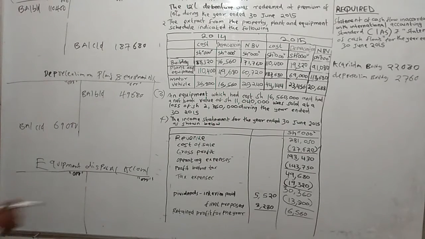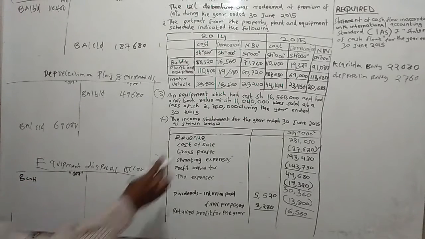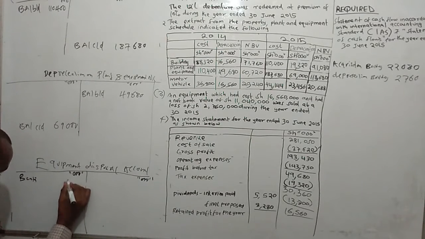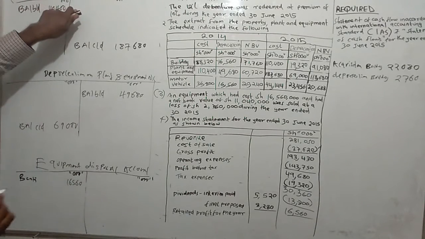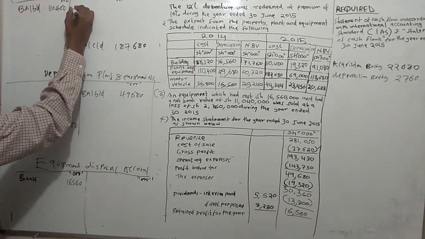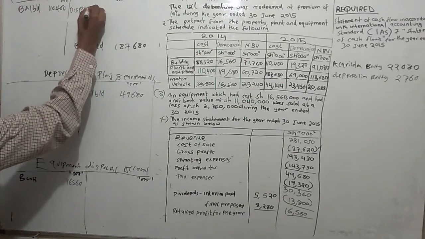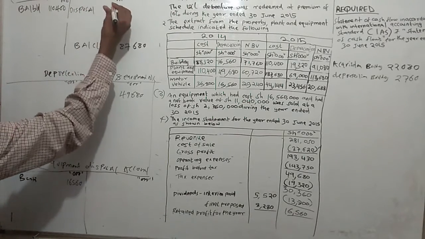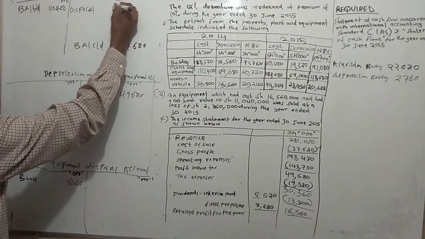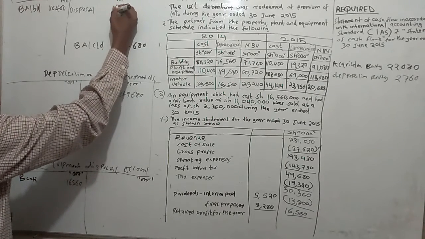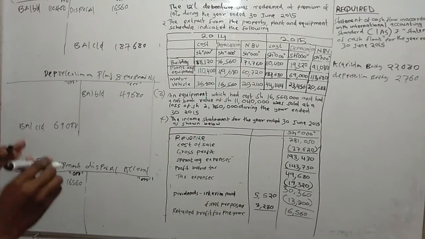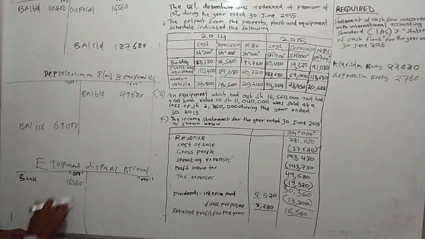So let us debit the disposal. Here we have bank of how much? 16,560. So it's going to reduce our assets. Whenever you have a disposal, you debit the disposal account and credit the respective asset account.